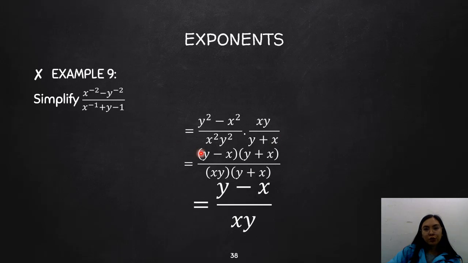Tapos pag sinimplify mo ito further, it will give you the final answer which is equivalent to y minus x all over x minus y. Kasi pwede mo na i-cancel to. Y plus x in the numerator, you can cancel it out with y plus x in the denominator, giving you this final answer.